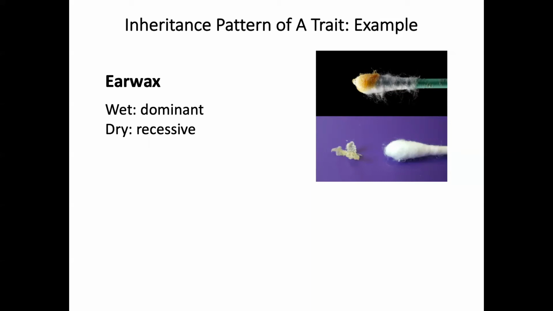But the appearance of earwax is actually a good example and exactly follows Mendelian inheritance. Two types of earwax can be found, wet or dry, right? And shown here is a picture of their appearance. This is wet, this is dry. Wet is the dominant trait, and dry is the recessive trait.